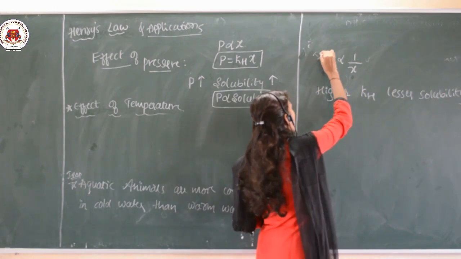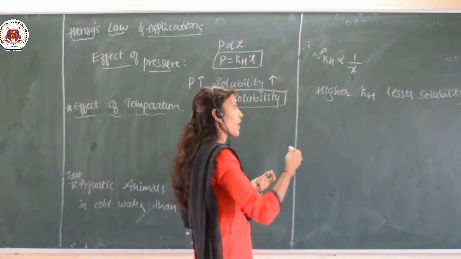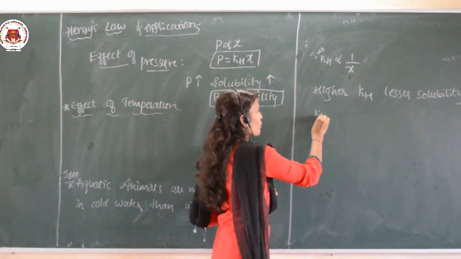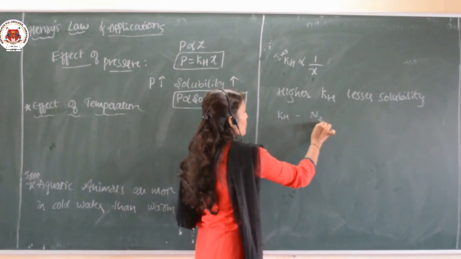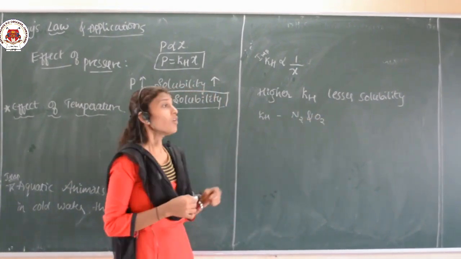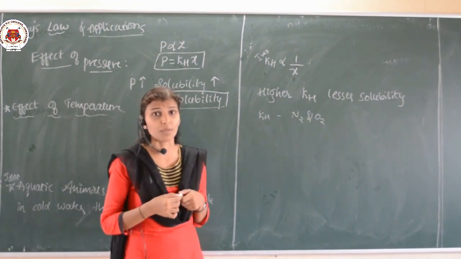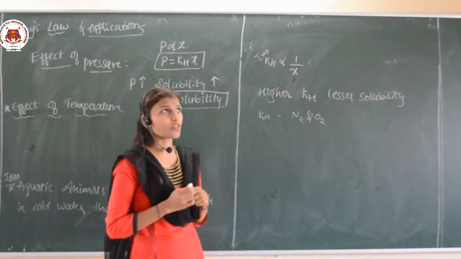Keep in mind this is a very important point, because in your examination they are going to give different KH values. For example, the KH values of nitrogen and oxygen are given, and they will ask you which gas is more soluble.